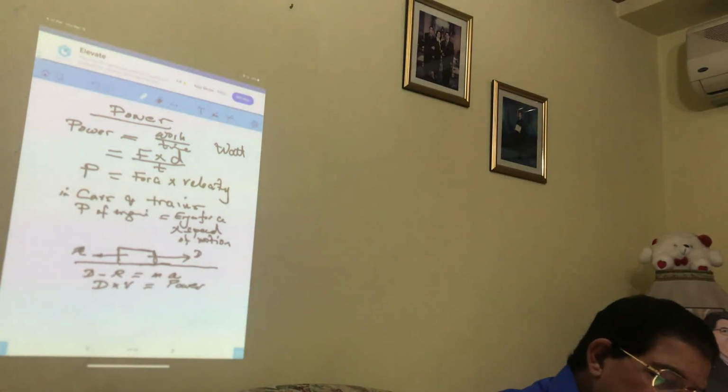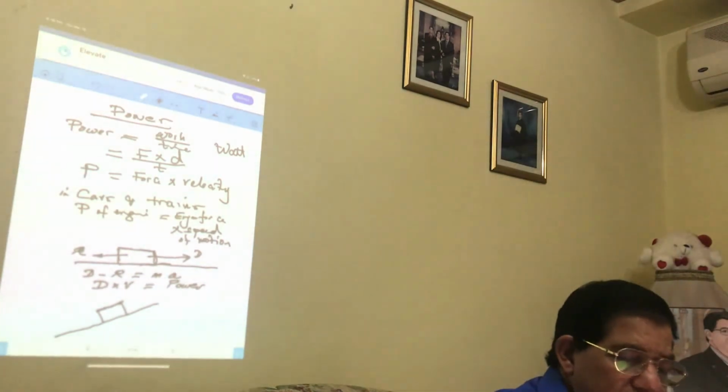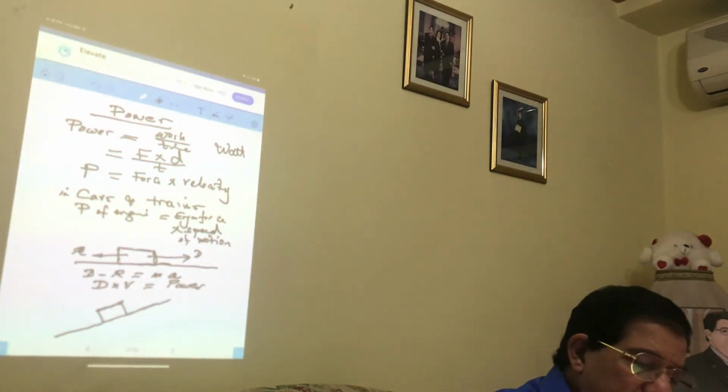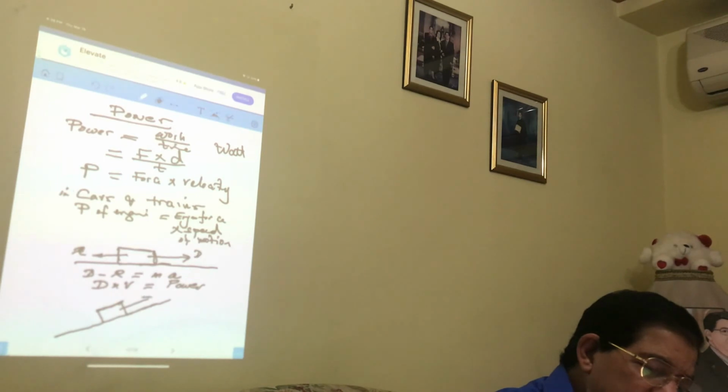If the train is moving up an inclined plane, and this is the driving force, we have resistance here, and we have here mg sine theta.